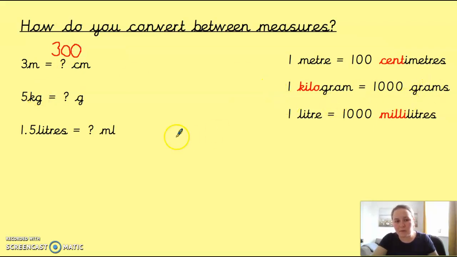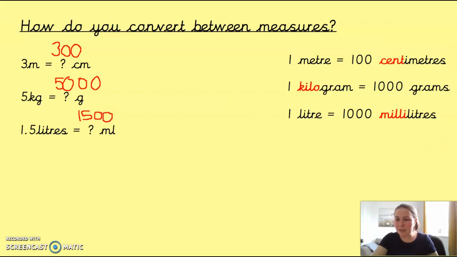If 1 is 1,000, I've got 5, so I need to times 1,000. 5 times 1,000 is 5,000 grams. And then the same with my litres. If I've got 1.5 litres, 1 litre is 1,000, so I'm going to have to multiply this by 1,000. 1,500 millilitres, 1.5 litres.